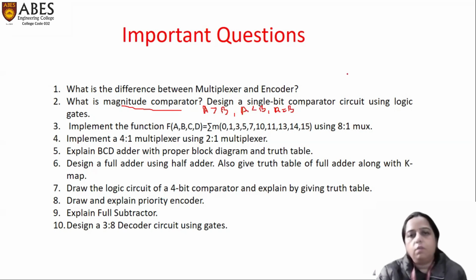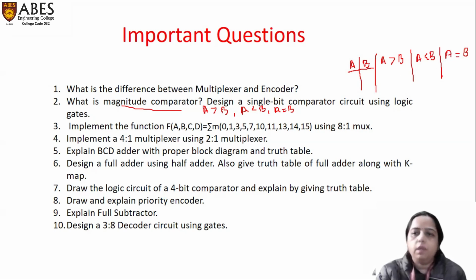Now, how will you design a single bit comparator circuit? For designing it, you will have to write the truth table in which the two numbers are taken with a single bit each. Then at the output side, we will have three outputs: A greater than B, A less than B, and A equal to B. So these will be the three outputs, and A and B will be the inputs.